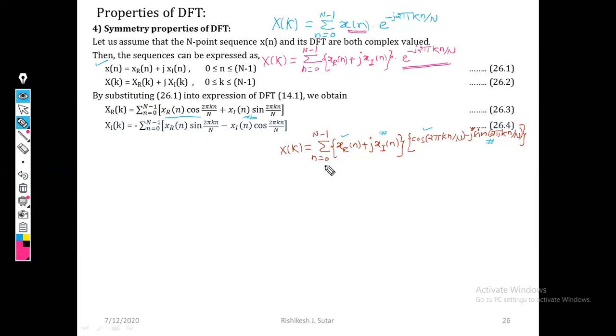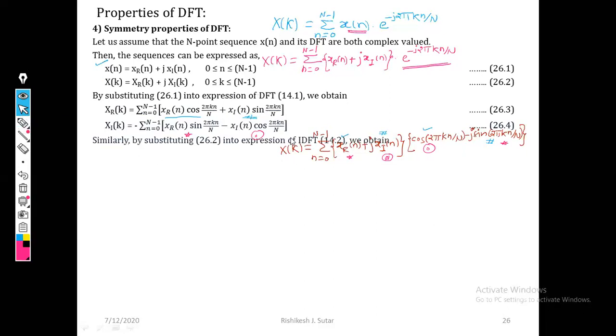If I want the imaginary part, then this xr of n multiplied with this sine will give one part of the imaginary part of DFT, and another part is cosine and xi of n. Let us use a double circle here. So if I use this, I will get the second part of the imaginary term of DFT.